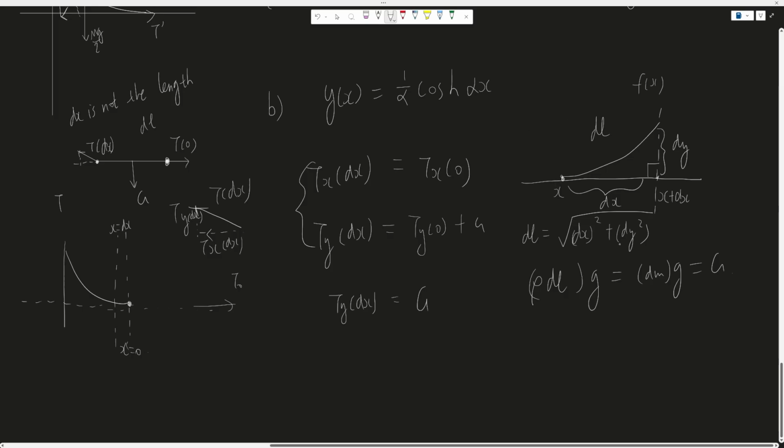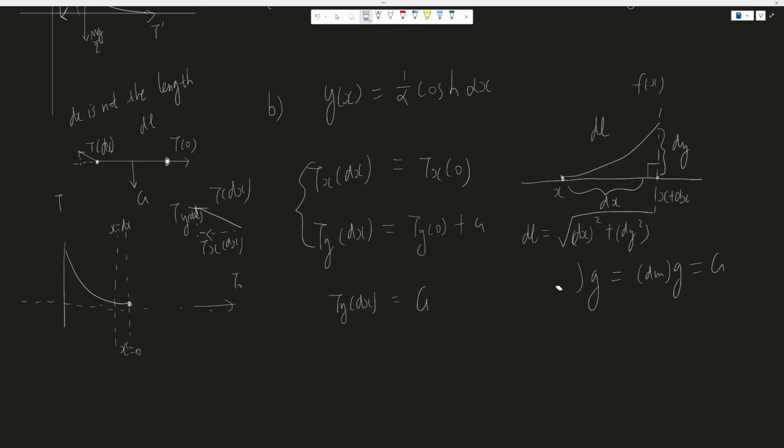So then what is dy? Let me erase this first. Well, dy, we can basically write it as f prime of x times dx. Why? Well, because what does f prime of x mean? It means how much the y has changed in a unit of dx.